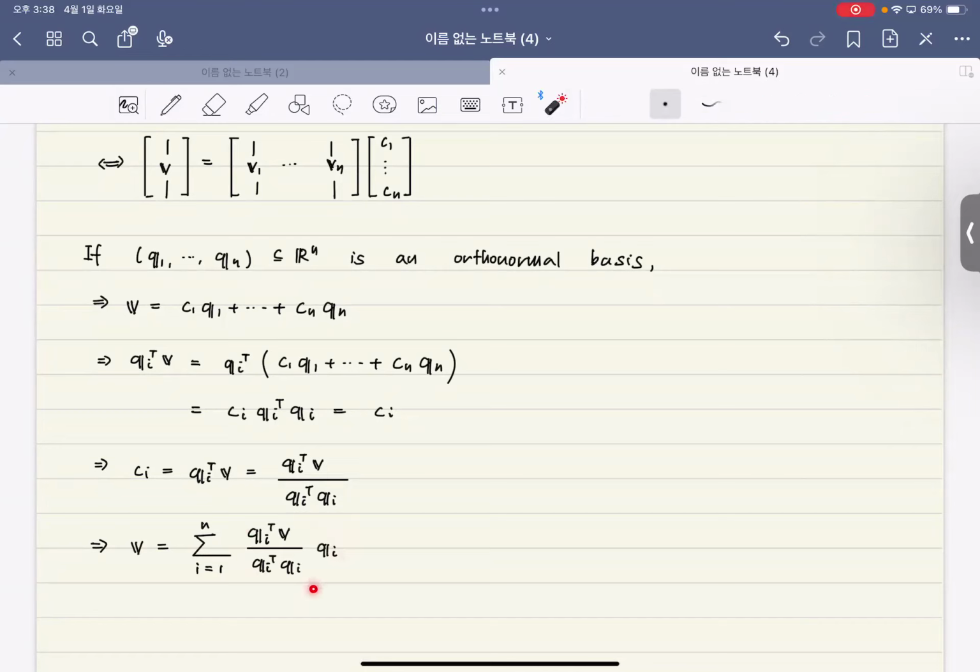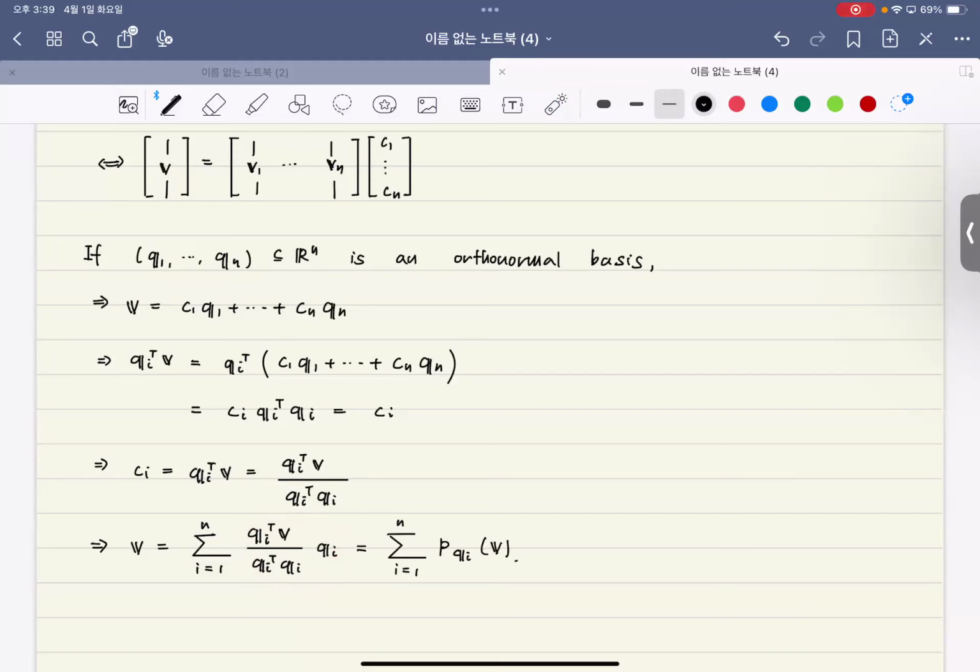This is precisely the Qi component of the vector V, the projection of V onto the one-dimensional space spanned by Qi.